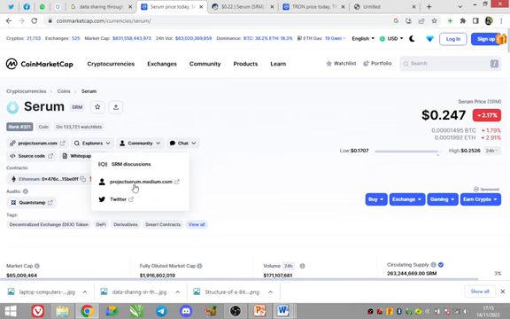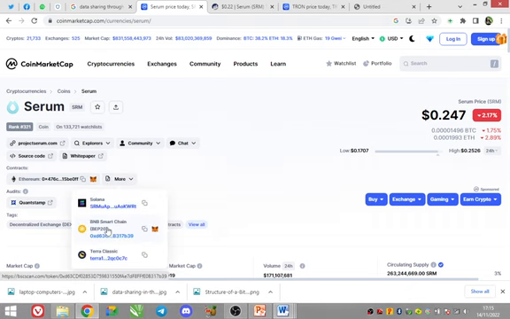I can actually go back to this contract address. This is BNB, the BEP20 smart chain, right? If I want to see the Explorer of BNB, I can just click on BNB.